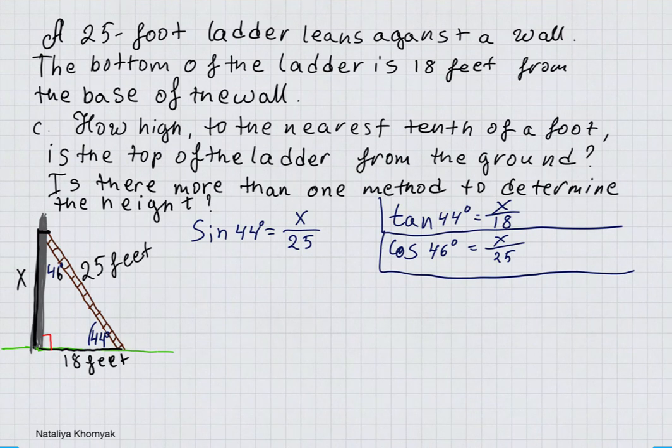So I'm going to work with sine. So sine of 44 degrees is equal to X divided by 25. We are solving for X and it's being divided by 25. The opposite is to multiply by 25. Whatever you do to one side, you want to do the same thing to the other side of the equation.